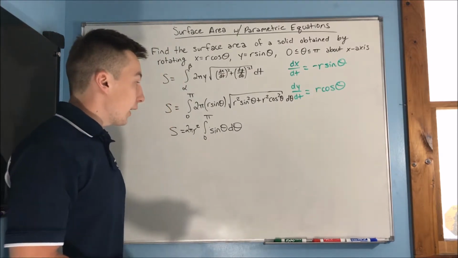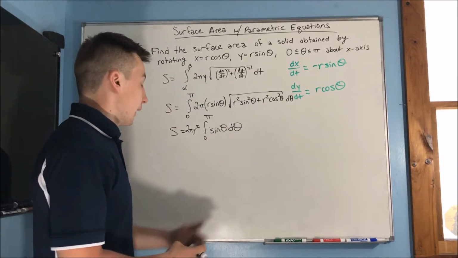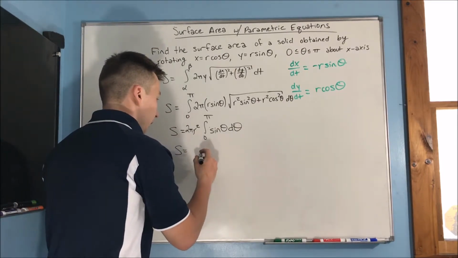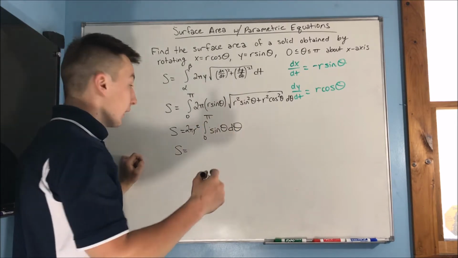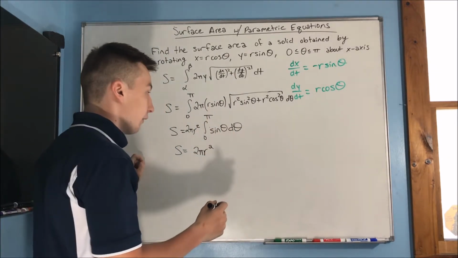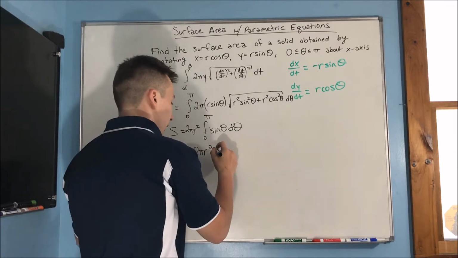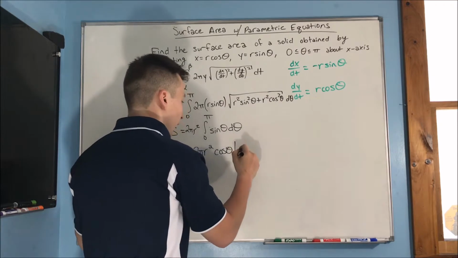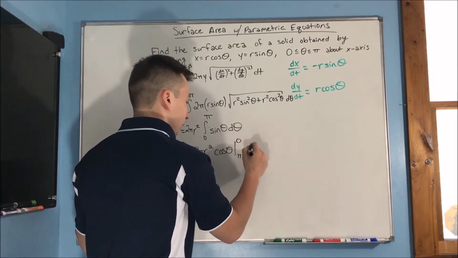We integrate sine of theta. That's just going to be negative cosine theta. So we get surface area is equal to, we can flip these bounds, I guess. Whatever is comfortable for you, just to help deal with that negative that you get. We get 2 pi r squared times cosine theta evaluated from pi to 0.